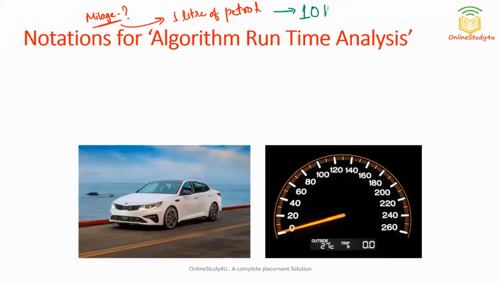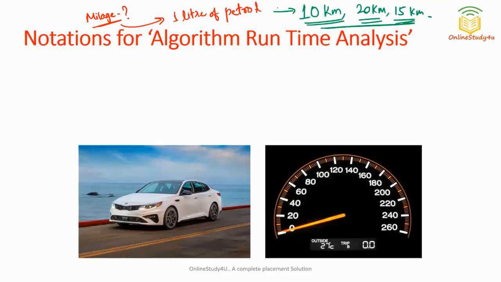Suppose he is giving you 10 kilometers, 20 kilometers and 50 kilometers. Why is he or she giving you three different answers? Can anyone tell me? If we are asking the mileage of a particular vehicle, how much it can run in 1 liter of petrol, we are given three different answers.